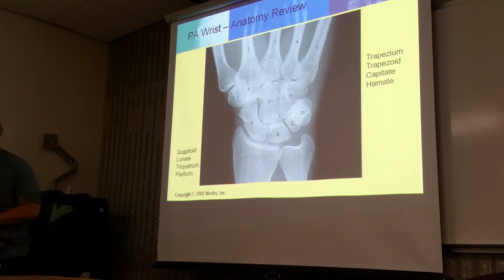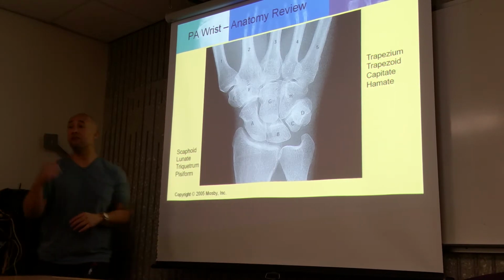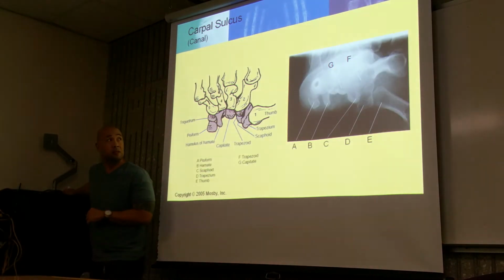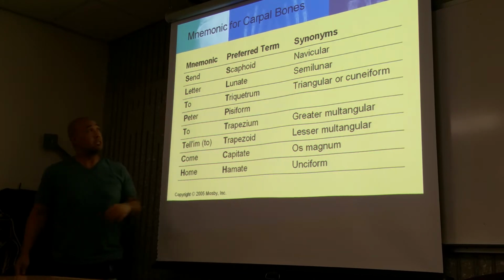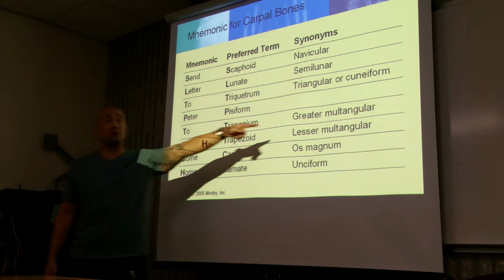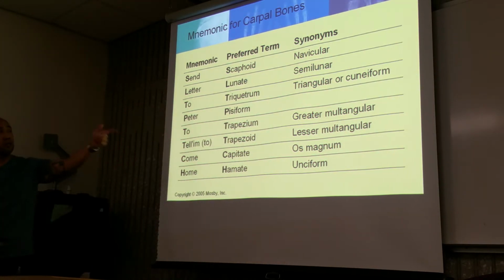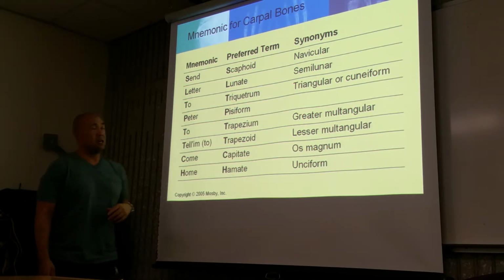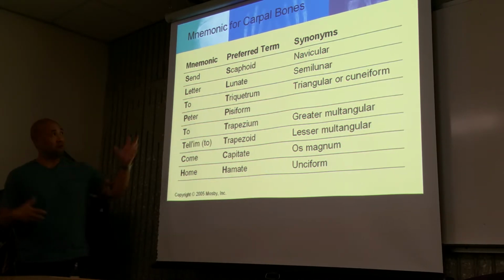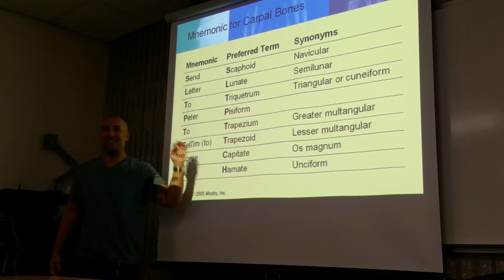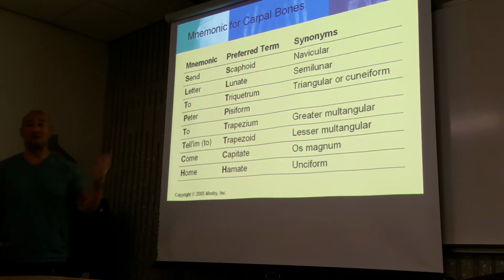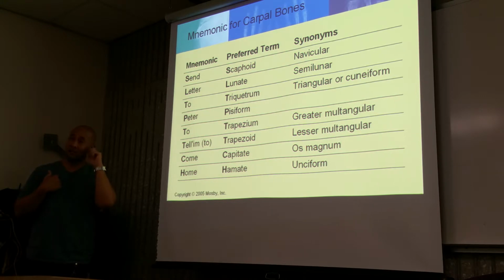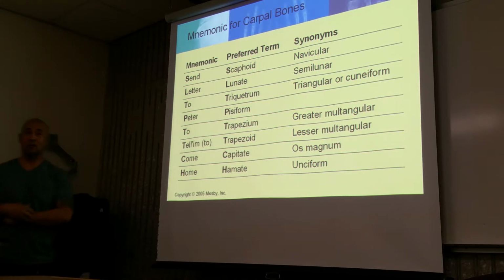Now, when I was a student, the mnemonic that we learned used different names. If you look back at this slide, these were the names that we learned 20 years ago: navicular, semilunar, triangular, cuneiform, greater multangular, lesser multangular, and also the os magnum and unciform. So we use a combination of all these different terms. Do you guys remember Miss Greco?